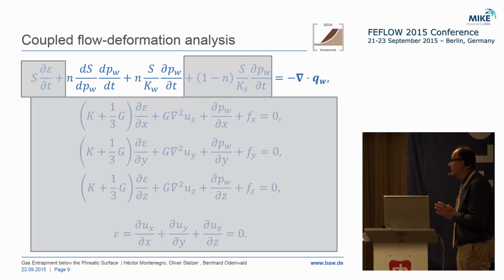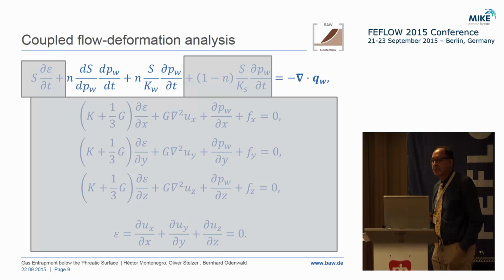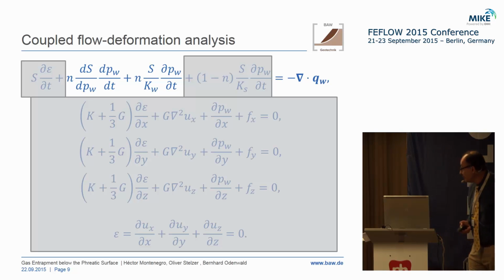This is a very simple approach. The other approach would be to say, okay, we have here a water compressibility. This is very, very low, so I can forget about this term, and I must consider the saturation change with pressure. And this is very similar to the Richards equation that was presented in the talk before.